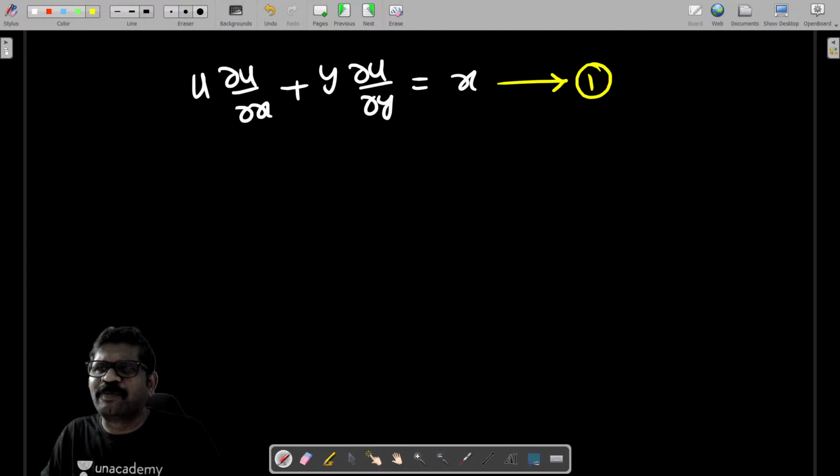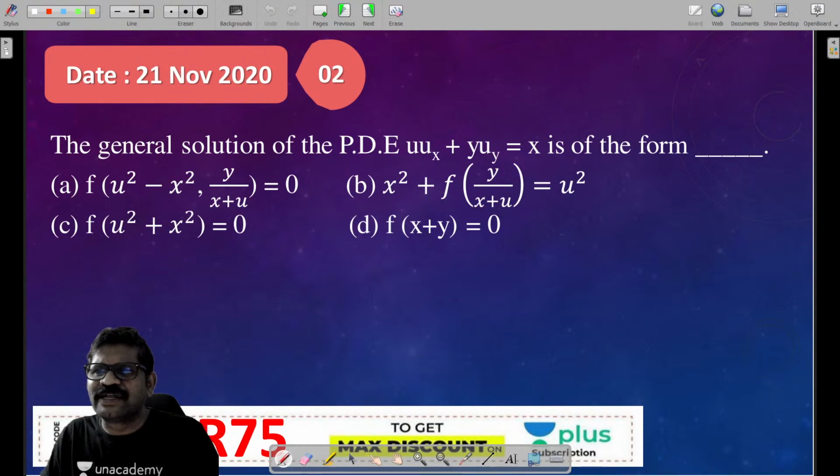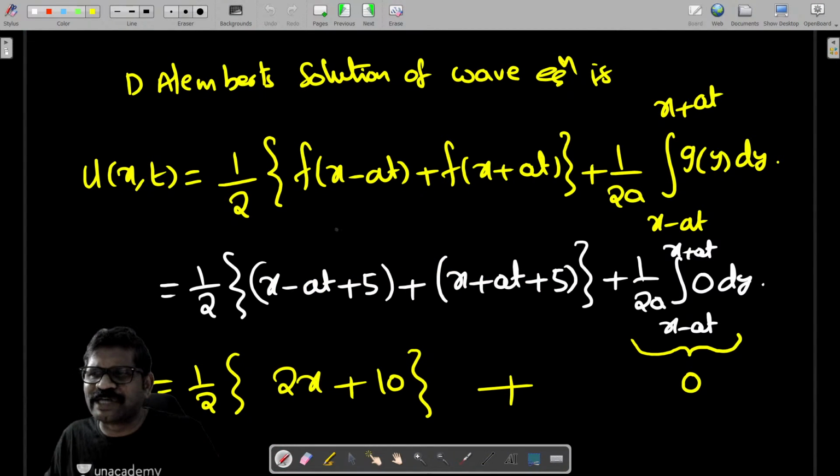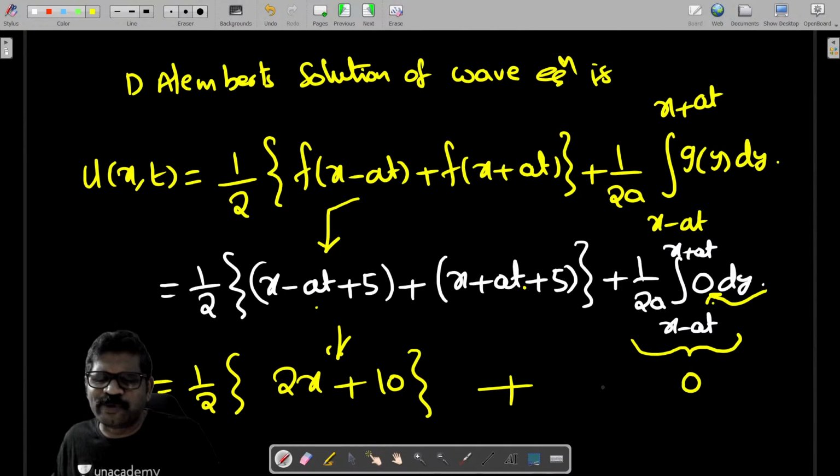Sagar, in that problem we have to consider the value a as 3, but in your solution, in simplification, under cancellation, there is no role of a in the first term. In the second one, the integrand is 0, that's why the integral value becomes 0. That's why I have not substituted the a value.